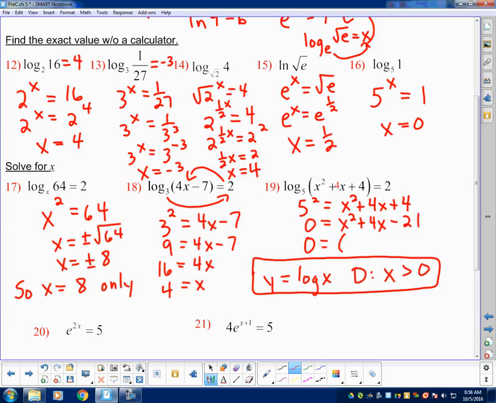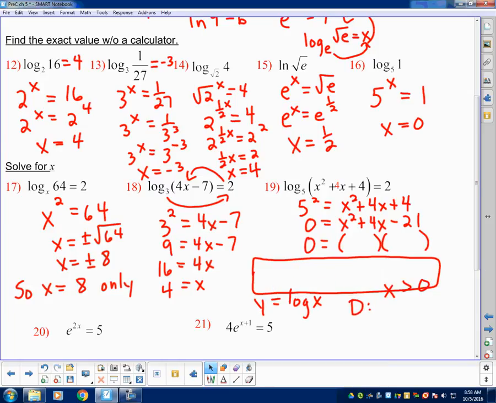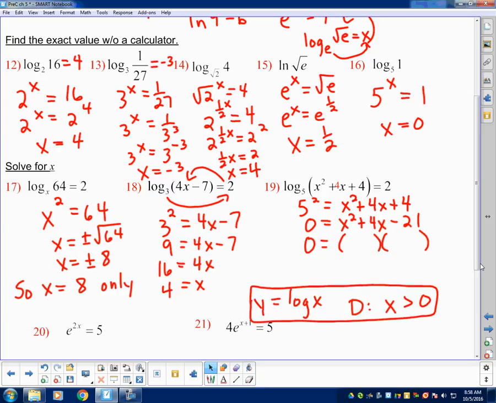We're going to factor this thing. Think of factors of negative 21 that add to equal 4: 7 and negative 3, so x plus 7 times x minus 3. So x equals negative 7 or x equals 3 are possible solutions.